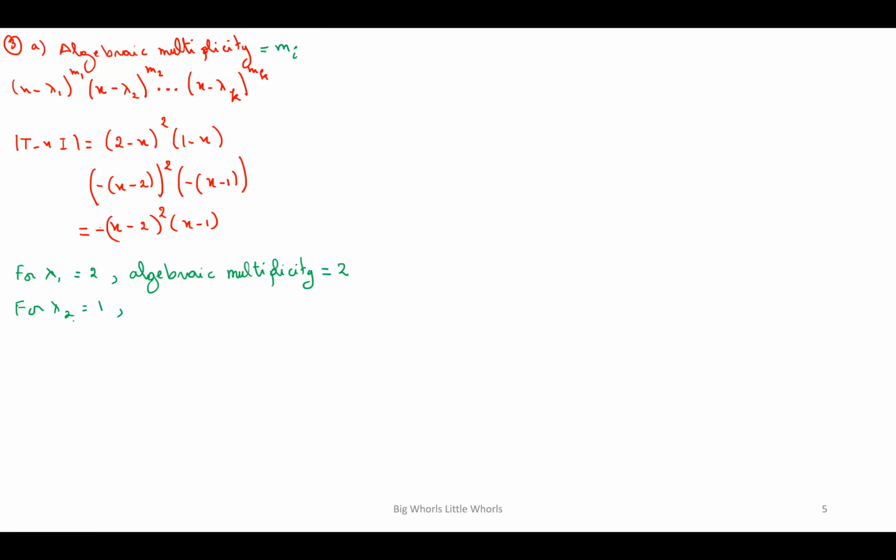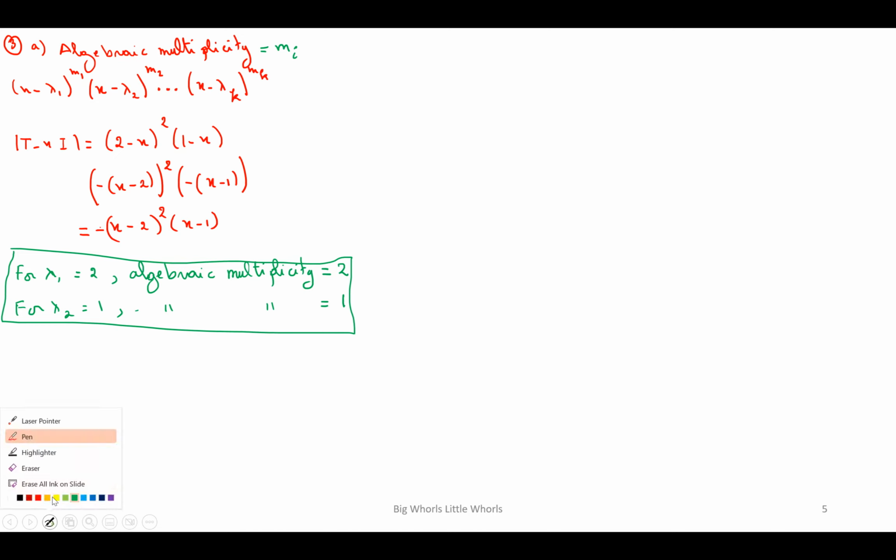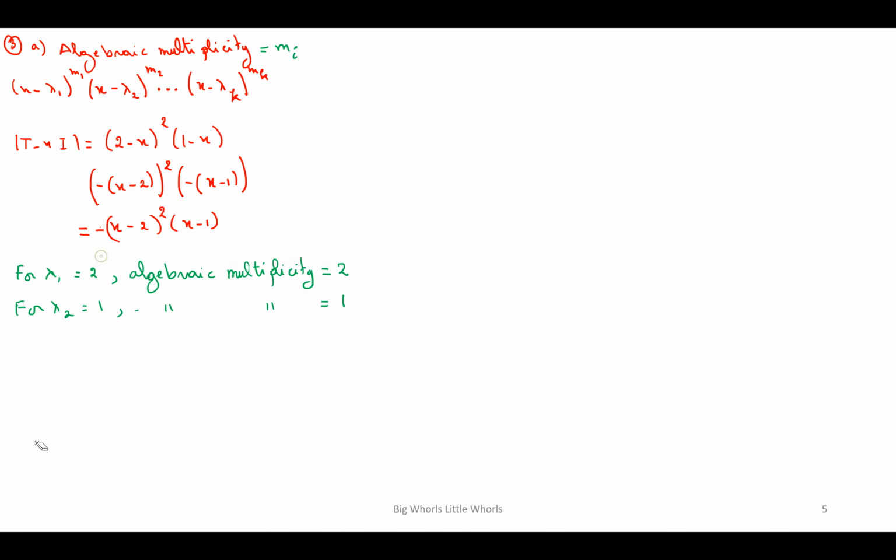And for lambda 2 equals 1, the algebraic multiplicity equals 1. So that's how we find the algebraic multiplicity of eigenvalues.